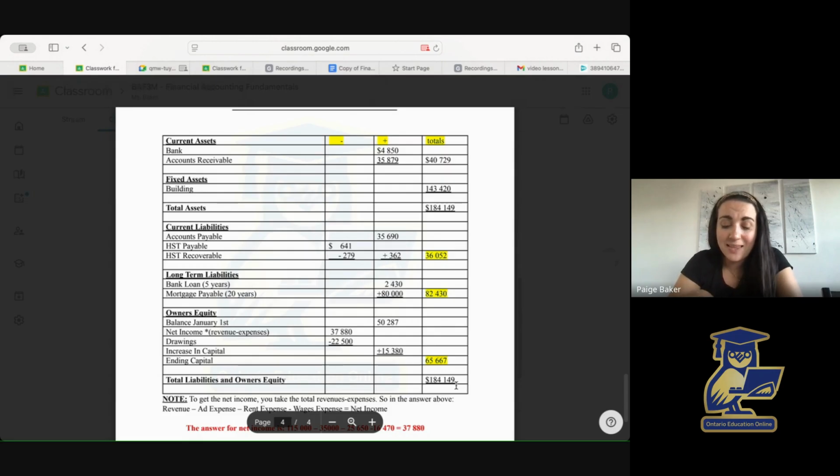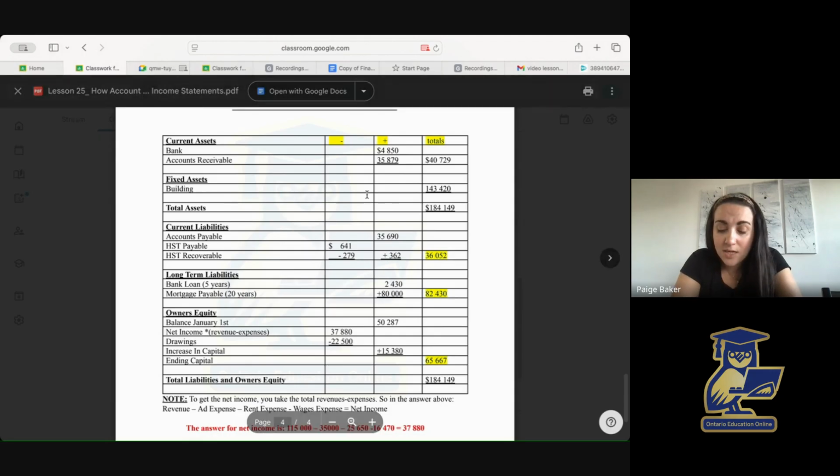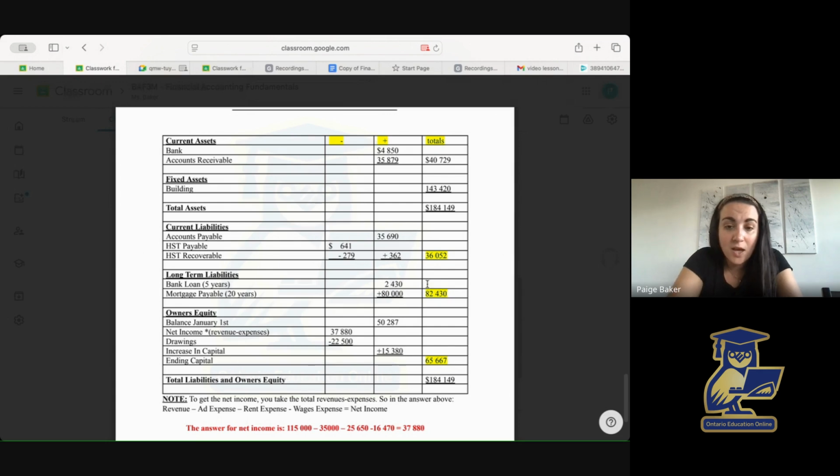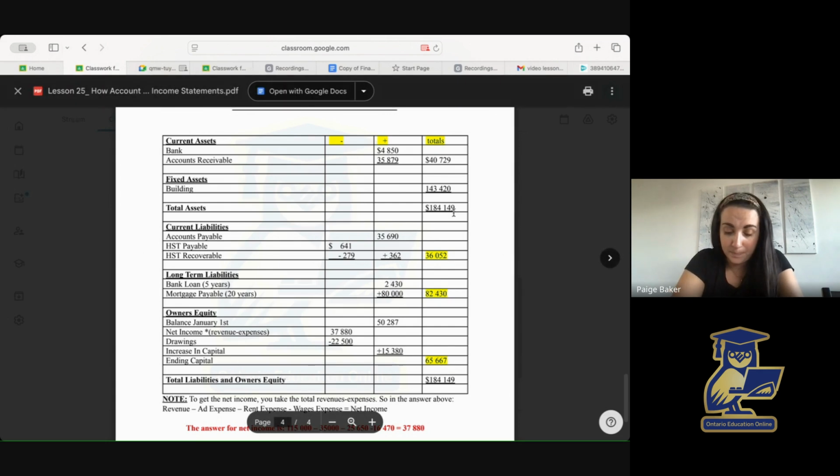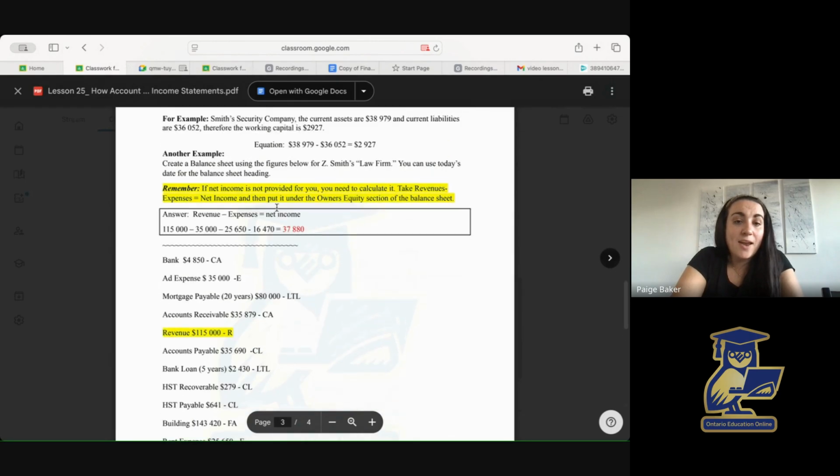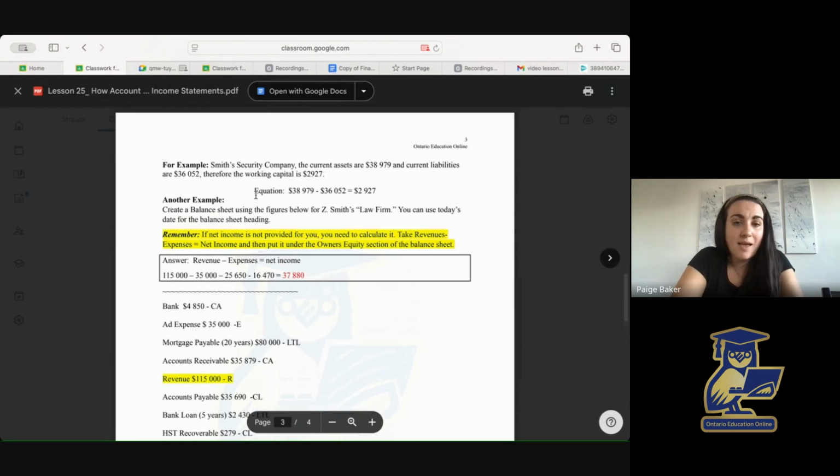So just remember that the inner columns, so these inner columns here, are used to list individual items building up to subtotals, and the two balancing totals, so the total assets and total liabilities plus owner's equity, are listed at the bottom. This information can also be found here.